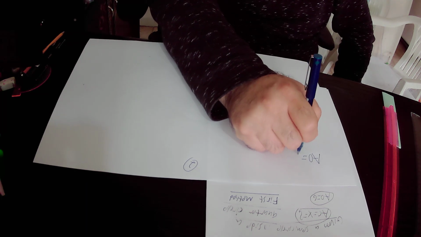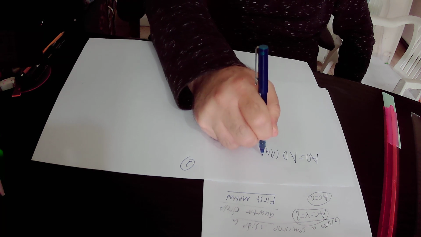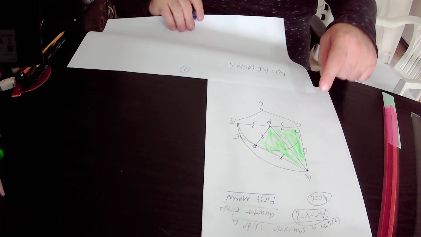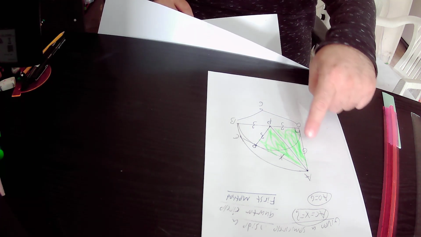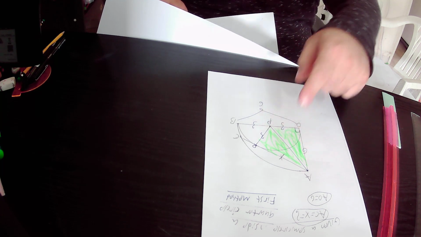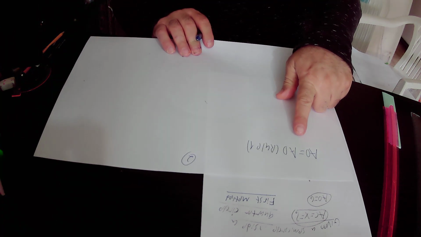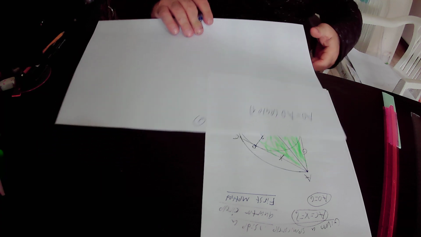Because we have from the common external point A two tangents to this semicircle, tangent AO and tangent AD, their lengths must be equal. That is to say, AO equals AD.